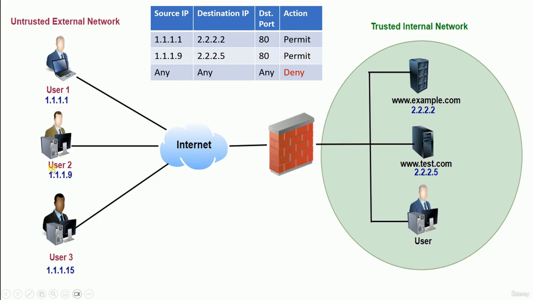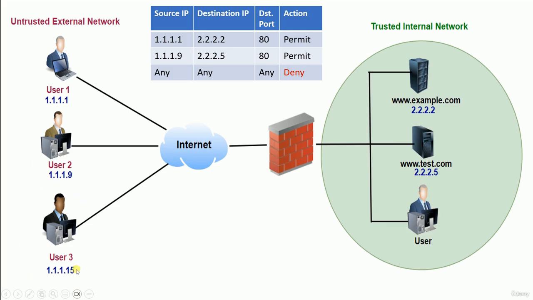So this time when user 2 tries to connect to test.com in his browser, his request comes through the internet, reaches the firewall, and the firewall will look at the security policy. At that time we have a permit rule. So in that case, it will be allowed to pass through to the destination and it will get the response.